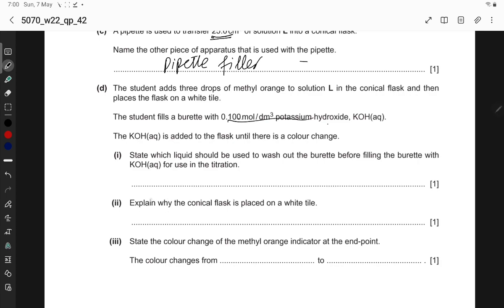The solution is aqueous potassium hydroxide. Explain why the conical flask is placed on a white tile to observe the color change.